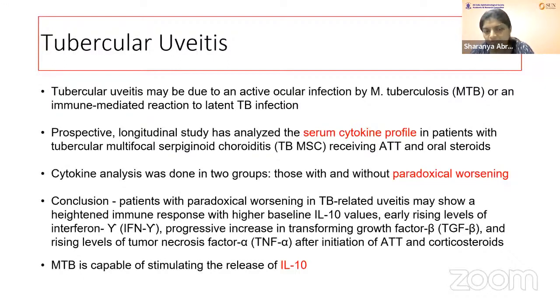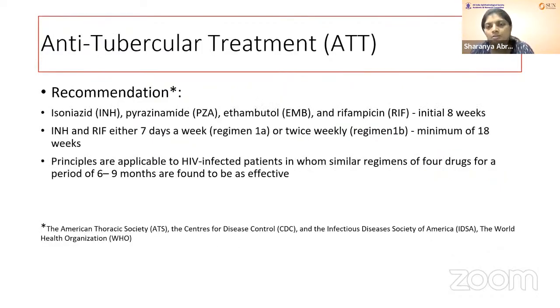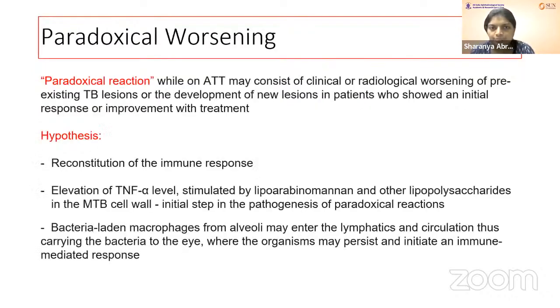MTB in itself is capable of stimulating the release of IL-10. This is an important point when we start patients on treatment. The standard anti-tubercular treatment that we follow, the recommendation is a 4-drug regimen with isoniazid, pyrazinamide, ethambutol, and rifampicin for 8 weeks or 2 months, followed by 4 months of 2 drugs. This is applicable even in HIV-infected patients.